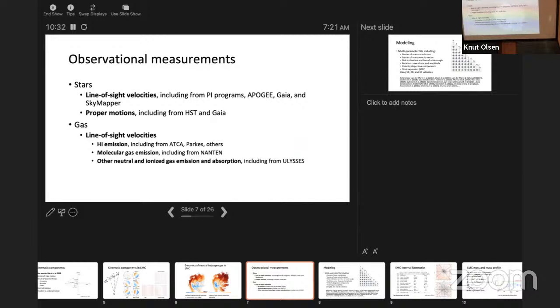And also gas, where we don't have proper motion, but we do have line of sight velocities in H1, in molecular gas, and other neutral and ionized gas emission and absorption from projects like Ulysses that are doing line of sight studies.